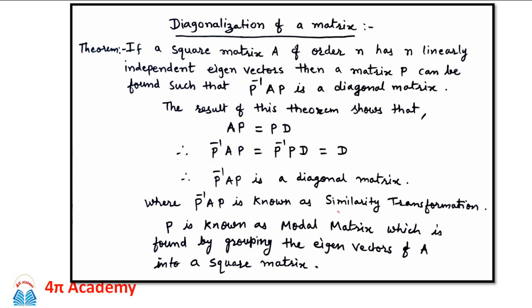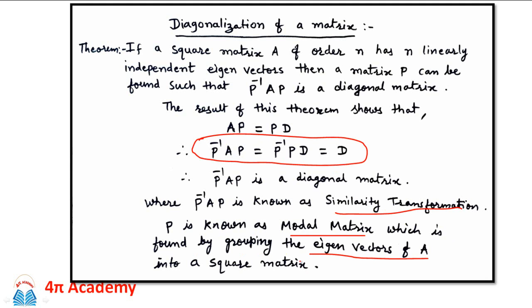This transformation, P inverse AP equal to D, is known as the similarity transformation, and here P is known as the modal matrix, which is found by grouping the eigenvectors of A into a square matrix.